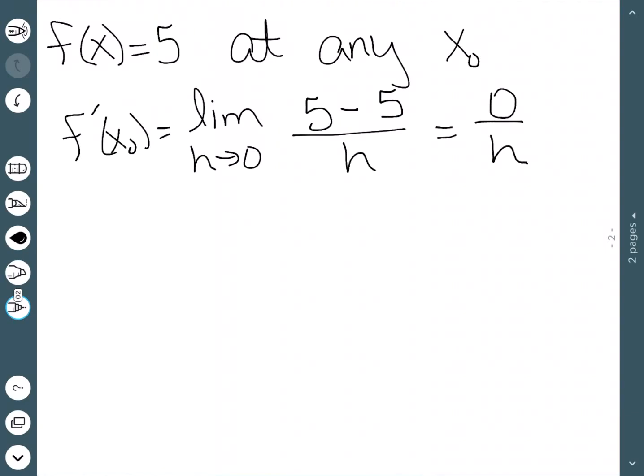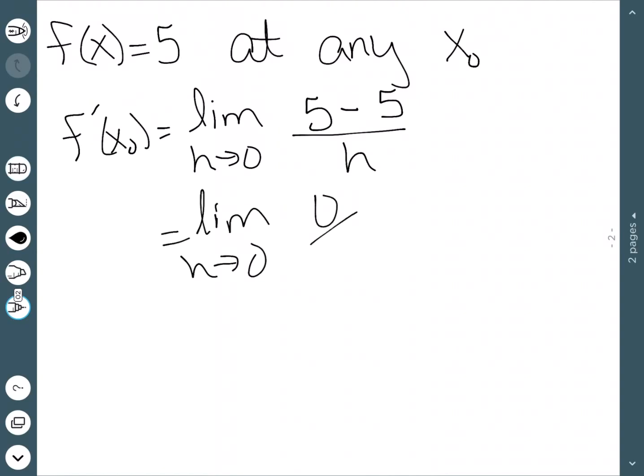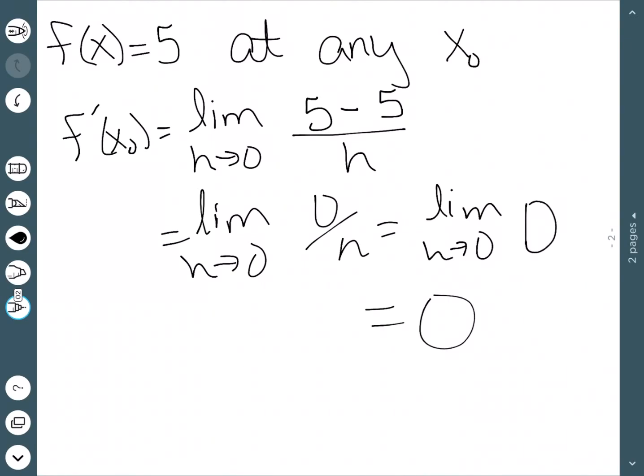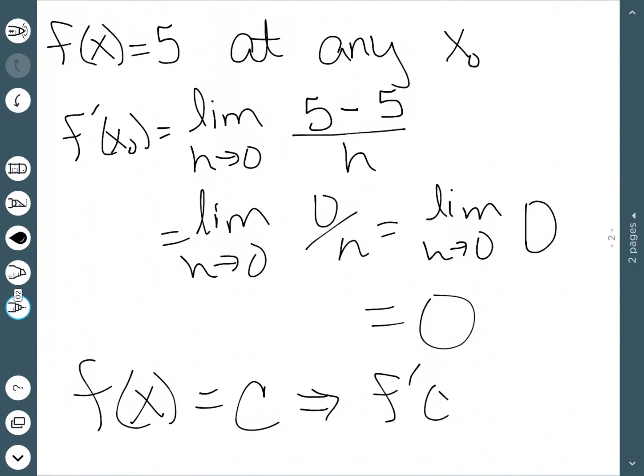This is now 0 over h, or the limit as h approaches 0 of 0 over h. And 0 over h is just 0. So our limit is 0. And this is going to be true of any constant function. If f of x is equal to a constant, any constant, then the derivative is going to be equal to 0.